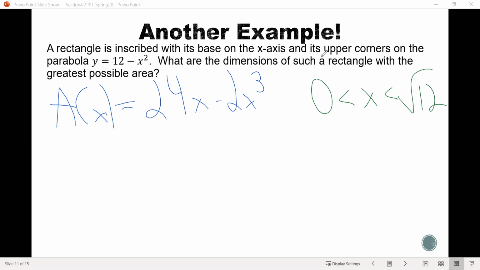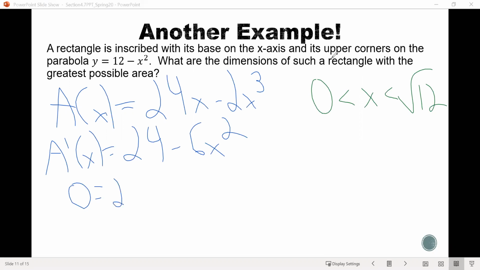Take our derivative. So A prime of x equals, using the power rule, 24 minus 6x squared. Set this equal to 0. Solve for x. And you'll find that when we do, we end up with x equals plus or minus 2.